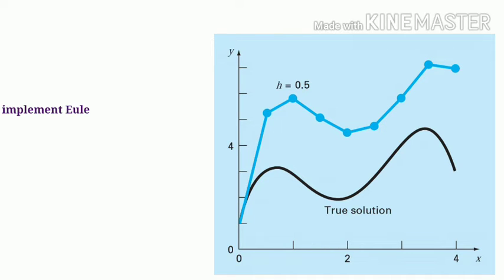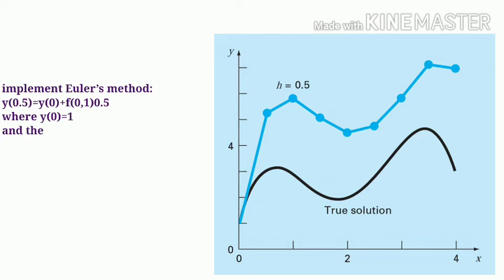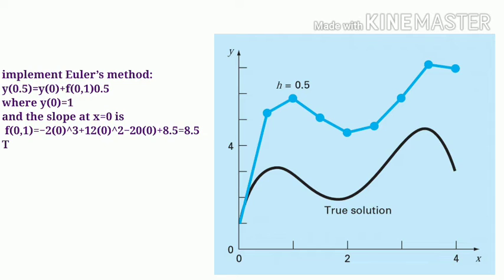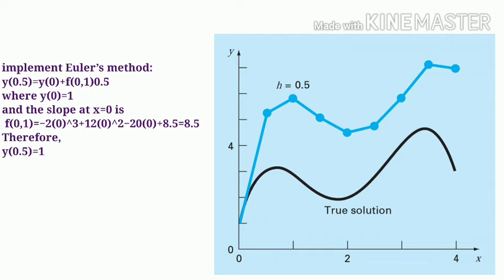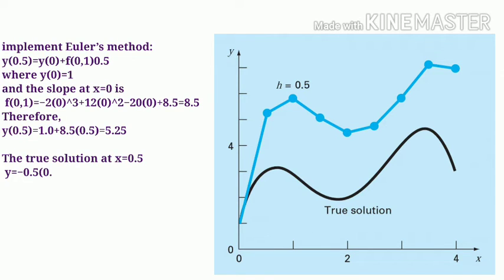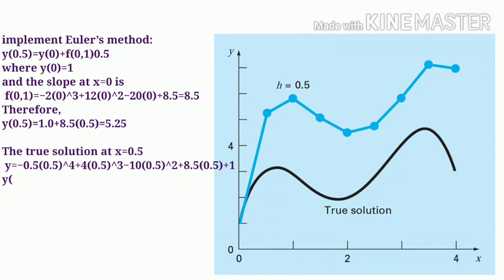Next we will implement Euler's method, where y at 0.5 is equal to y of 0 plus slope at 0, that is 8.5, into 0.5, that is h. When we put all these things in the equation, we'll get y at 0.5 is equal to 5.25, whereas for the true solution, if you put the value 0.5 into the equation, we will get 3.21.